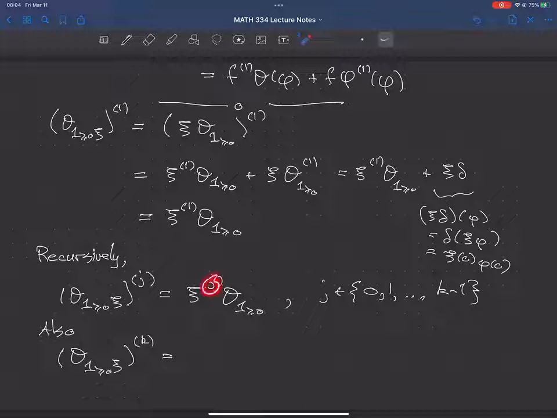So I get the derivative of this thing, again with J equals k minus 1, so that's going to be C k times the step function, plus C k minus 1 times the derivative of the step function, but the derivative of this, as we've already seen here, is delta.